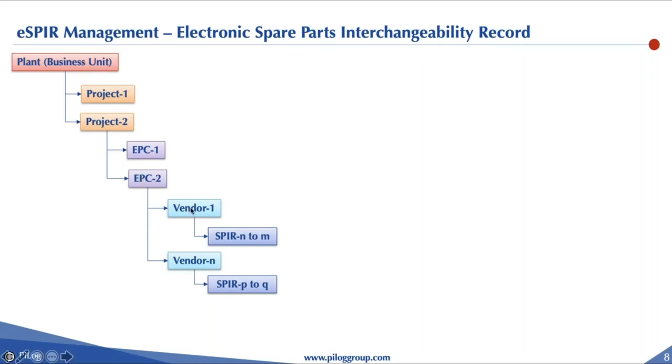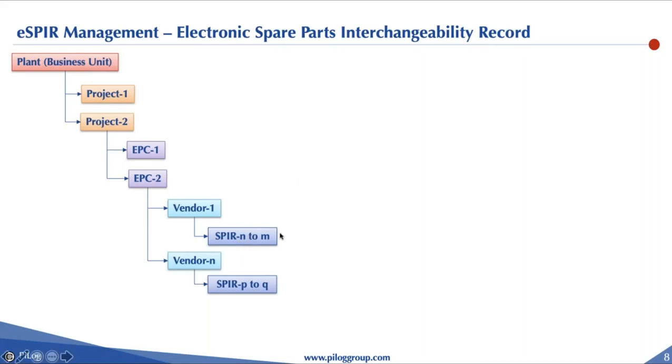And each vendor will be given a range of the SPIR, saying that these engineering packages you will have to supply along with the equipment that you are going to bring in, or any system. Maybe it could be a pumping system, or maybe it could be a condensing system, maybe it could be a rotary system. So whatever it is, everything is combined into an SPIR.